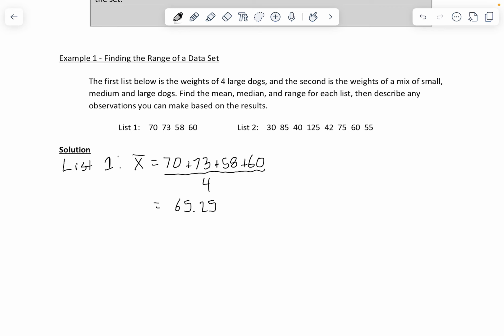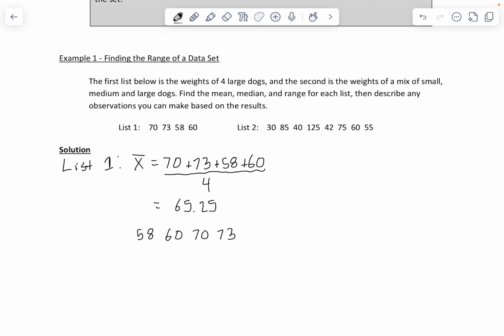To find the median, we need to rearrange the numbers in order first. So to do that, I would get 58, 60, 70, and 73.